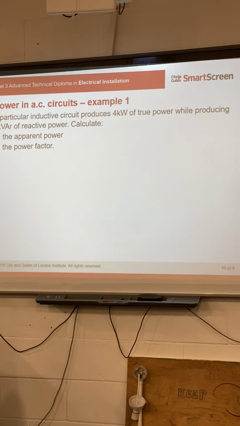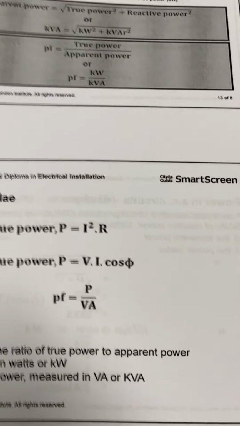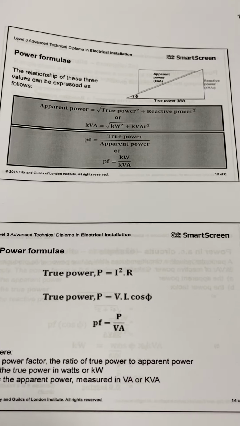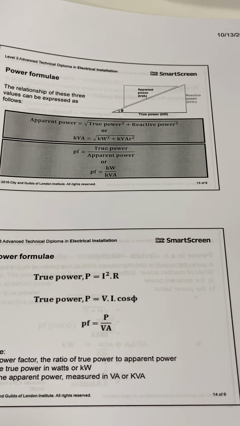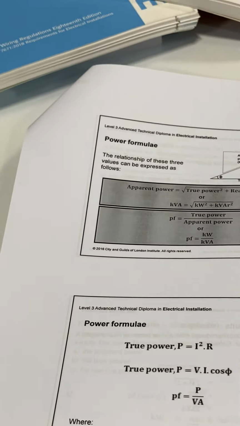So, shall we start to put some maths into this formula for us? Are you all happy for me to rub some of this off so we can see where we're working with this triangle?